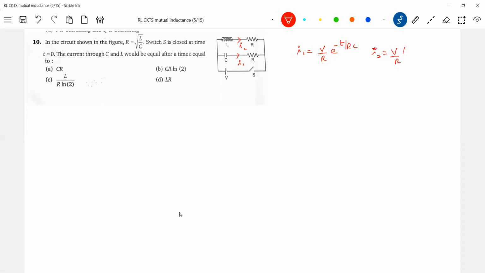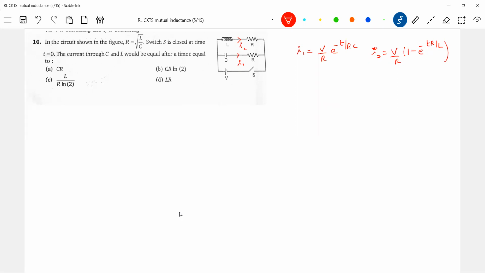I2 is equal to V by R times 1 minus e to the power of minus tR by L. And where R we can write as under root of L by C later on. This is the equation at any time t. Can you remember this charging current expression? And there's a growth of current through the RL circuit.